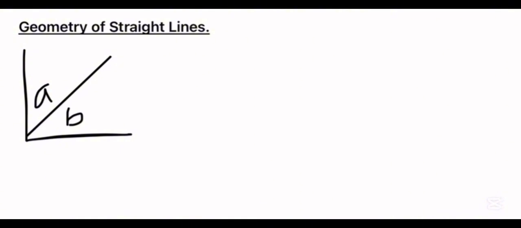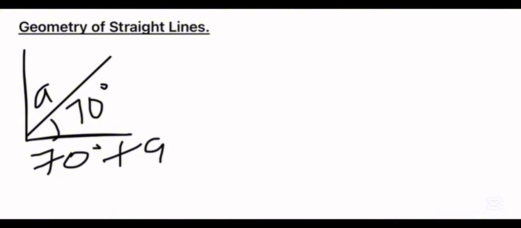Now, let's say we're given this angle as 70 degrees, and then we're asked to look for angle A. We would say 70 degrees plus A is equal to 90 degrees.